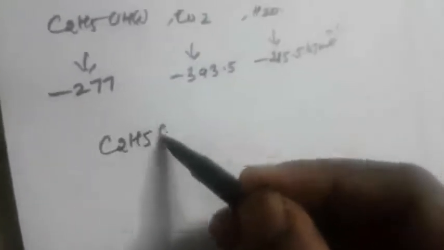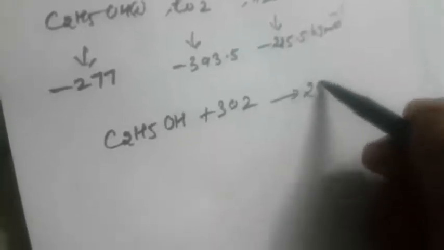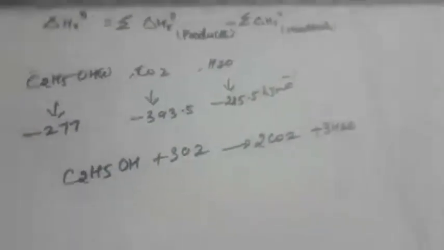Calculate the standard enthalpy change. First you write the equation: C2H5OH plus 3O2 gives 2CO2 plus 3H2O. From this data we can write the equation.